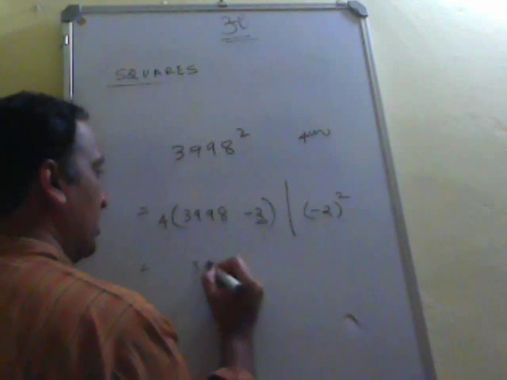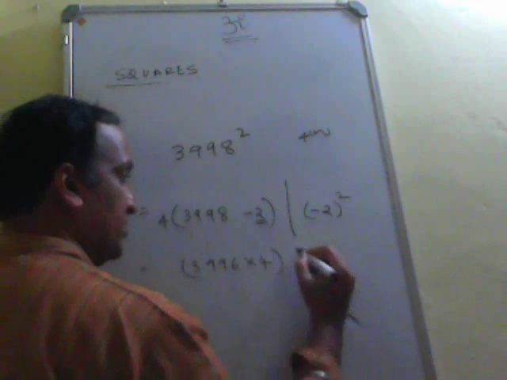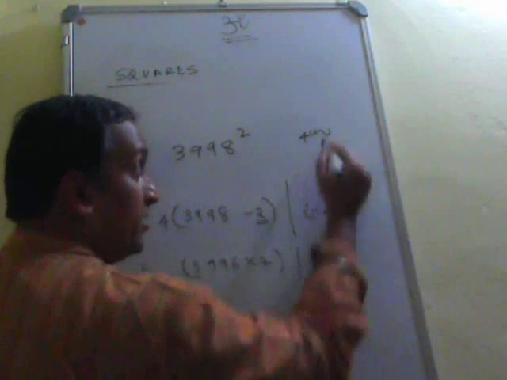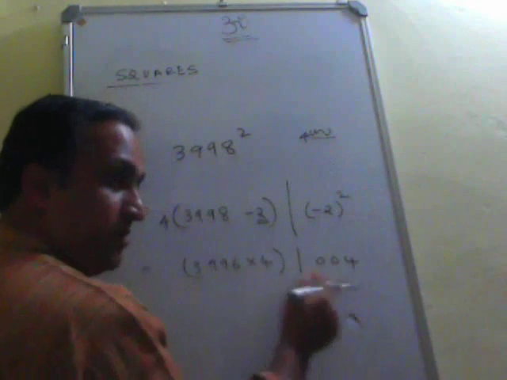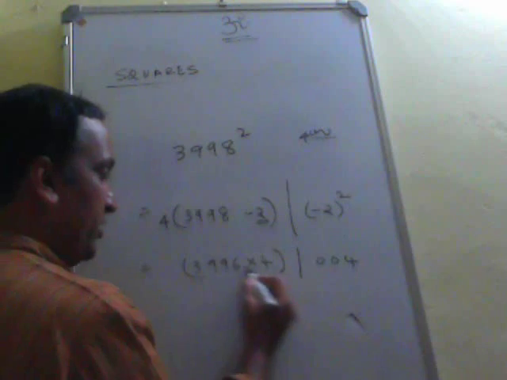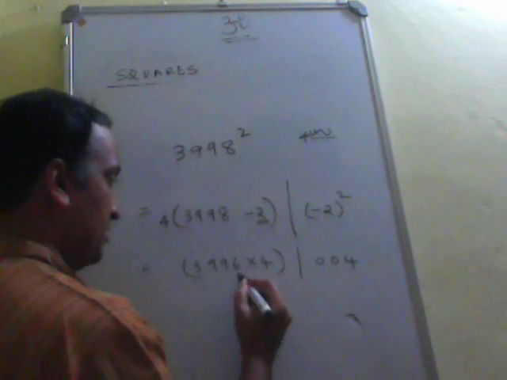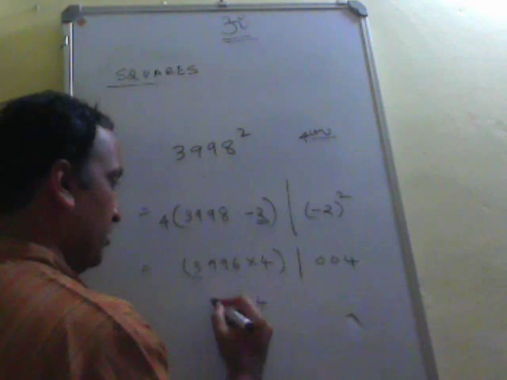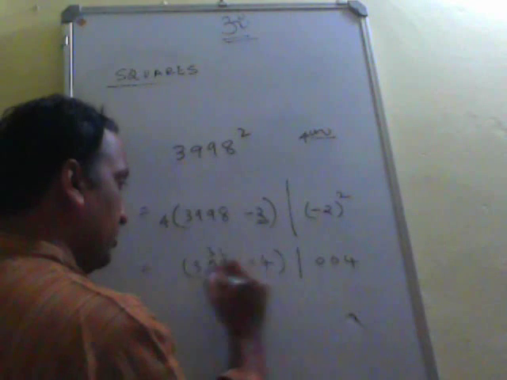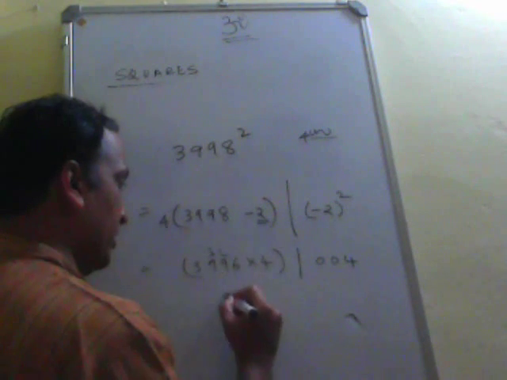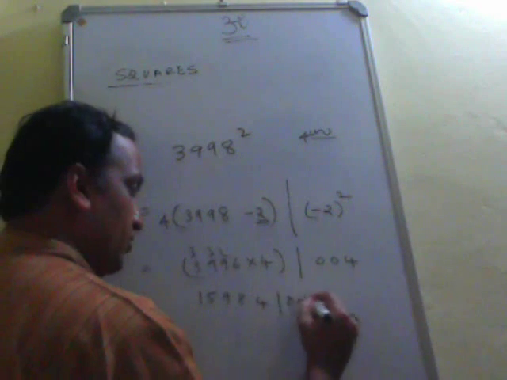This is 3996 into 4. Whatever this is, here it is 4, but then it is 4000, so I will put 3 digits. You know this, right? Why I am putting 3 digits. So now 3996 into 4 is 15,984. And the square of 2 is 4, so 004. So 15,984,004 is the answer.